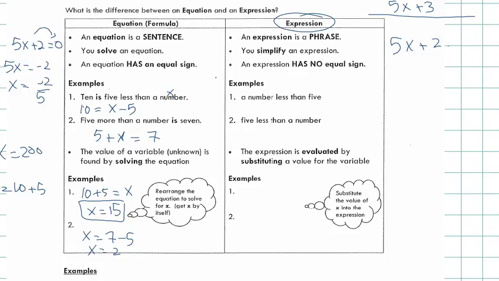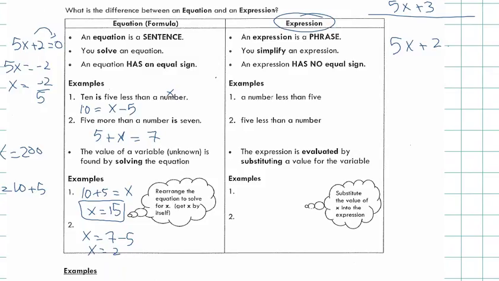With the expression, you can't solve. You can simplify, as I said, but you can't solve because you don't have that equal sign. All right, so let's read the sentence. "A number less than 5." x. It's 5 take away.